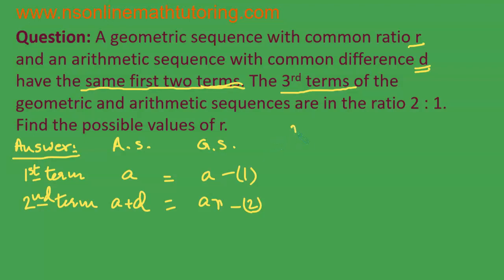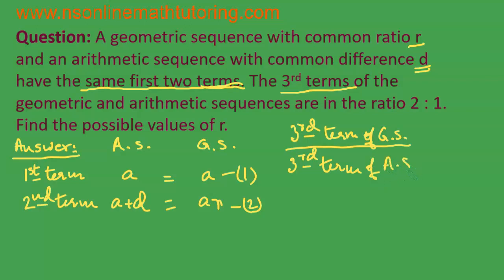So it is third term of the geometric sequence over third term of the arithmetic sequence is equal to 2:1 or 2/1.